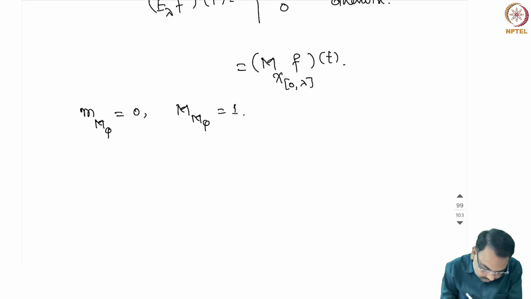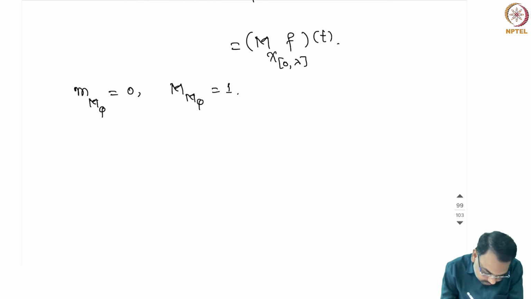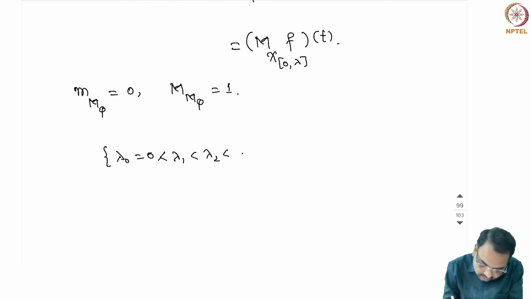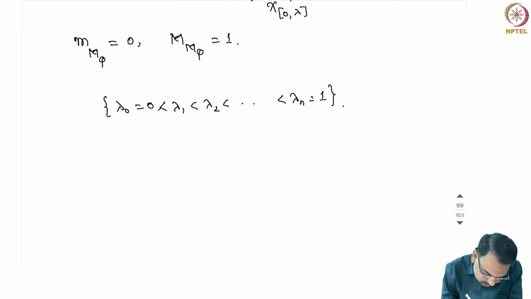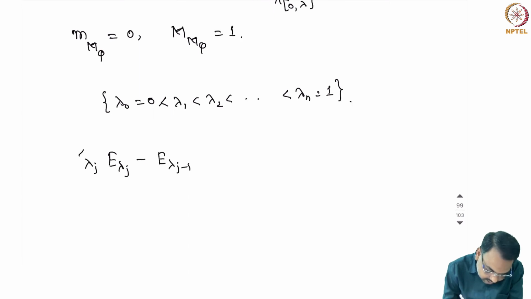And if you take any partition from 0 to 1, let us take lambda_0 is 0, less than lambda_1, lambda_2, and so on, less than lambda_n equal to 1. If you look at E_lambda_j minus E_lambda_(j-1), because we want to look at lambda_j-hat multiplied by these operators from j equal to 1 to n.